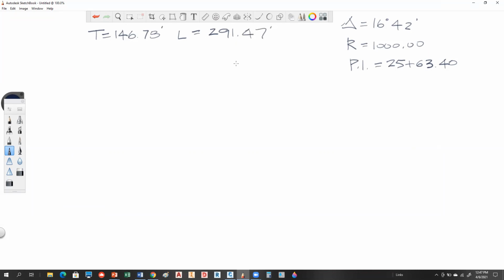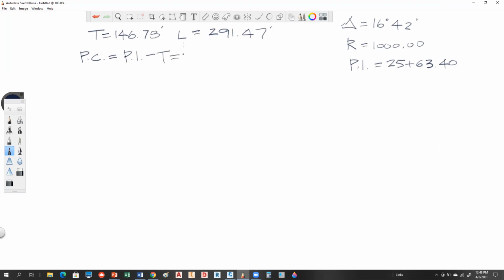So we calculated also the PC. So how do you calculate a PC? Anybody remember? Or look back in your notes. PC is given by what equation? PI minus T. There you go. So I'm going to take the PI station minus the T distance. So that would be what?